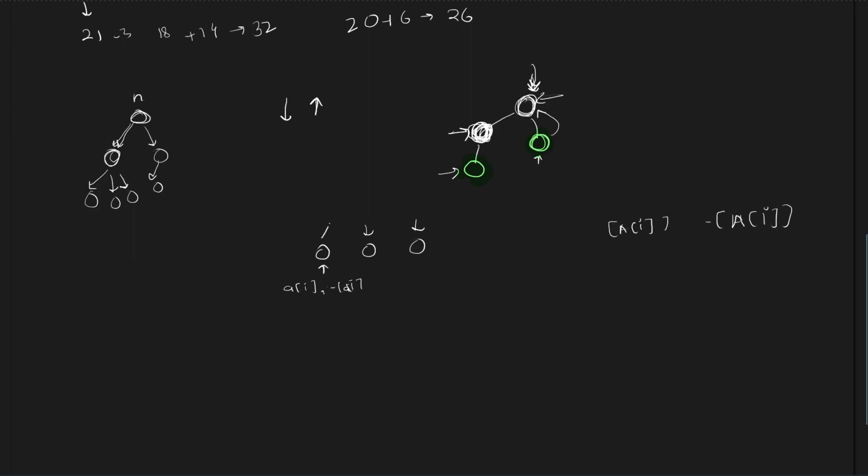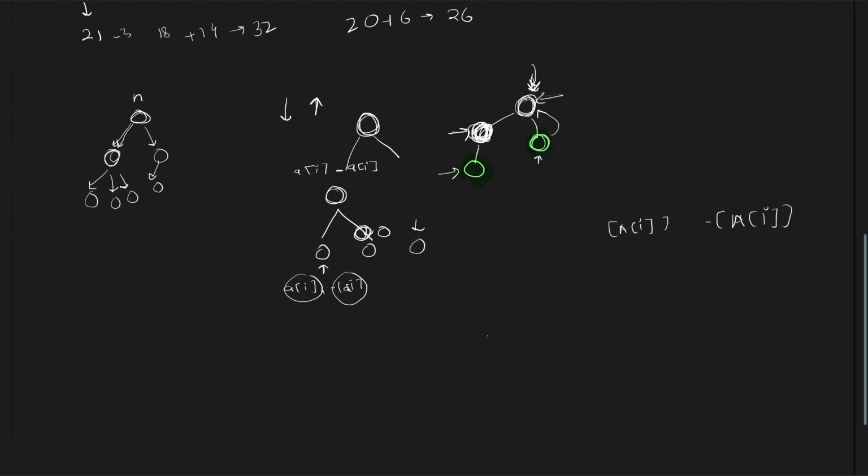Now, for the parent, if I am taking minus a of I here, I'll consider its a of I. If I'm considering positive a of I here, I'll consider its minus a of I. So what I have to do is start from the root node and calculate the answer for its children.